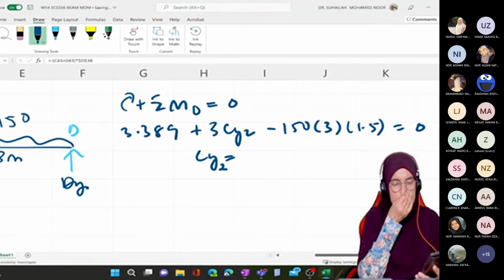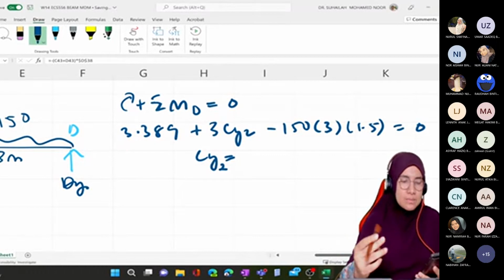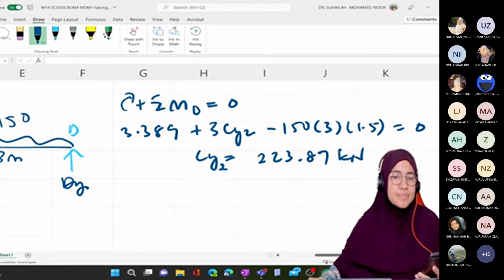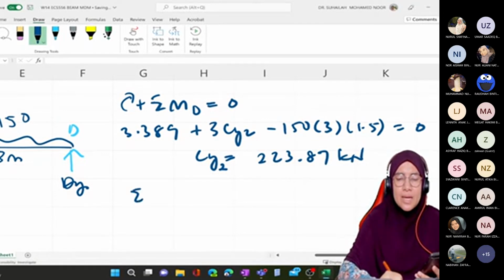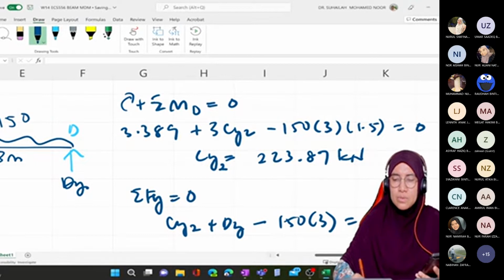We get CY2 is 223.87 kilonewton. Okay, so it is just like we analyze a simply supported beam, where CY2 plus DY minus 150 times 3 equal to 0.